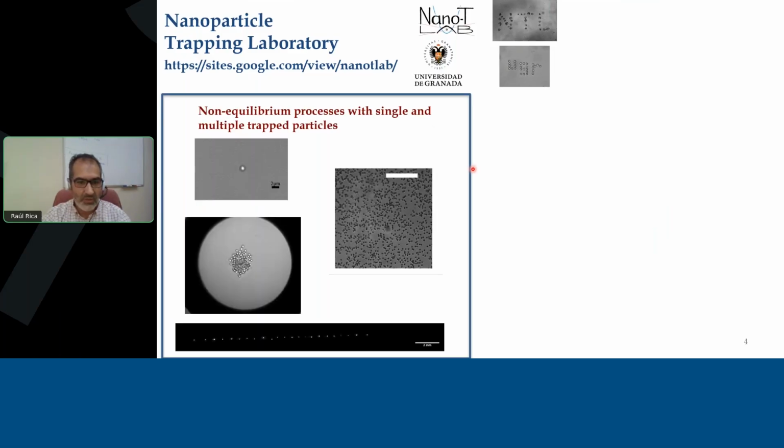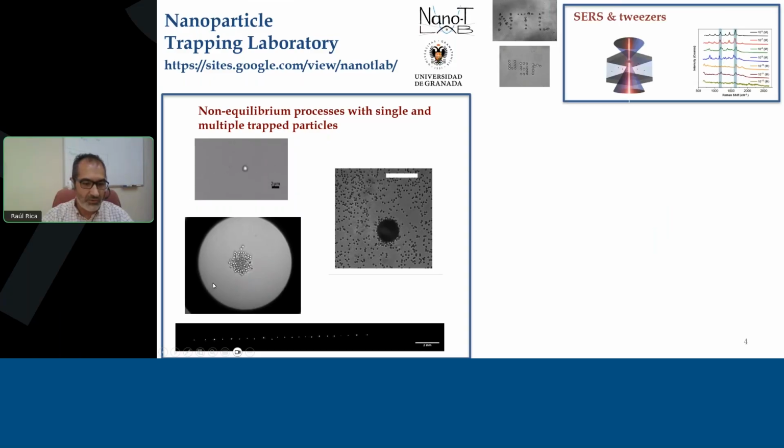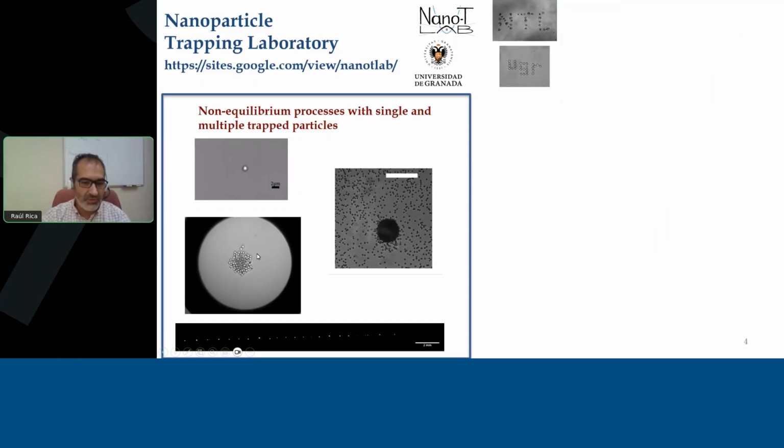For example, the first one is what we call non-equilibrium processes with single and multiple trapped particles. We use trapping techniques to trap particles with our optical tweezers and drive them out of equilibrium, either by using single particles, like you see here in the tweezers, or with other devices we can also trap multiple particles, force aggregation in the presence of a laser beam, or even work with levitated particles.